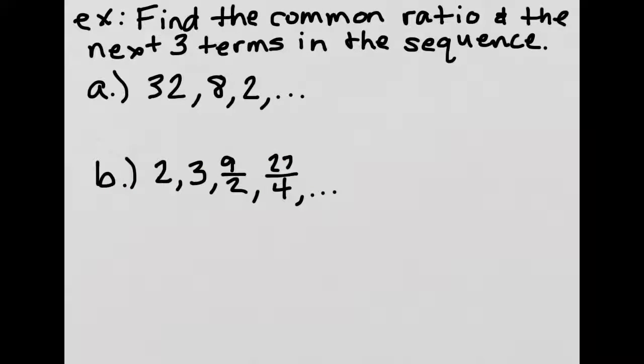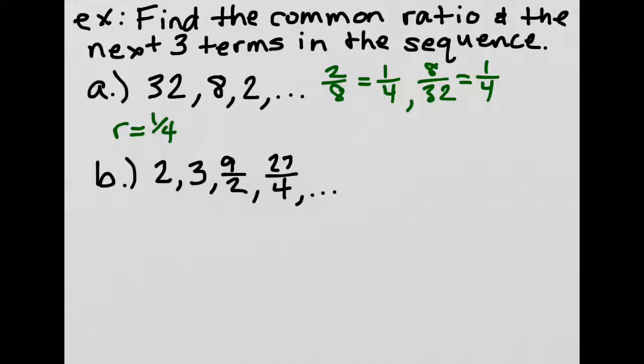In this next example, we know that the sequences are geometric because it says to find a common ratio, and we also want to find the next three terms in the sequence. So we are going to take the last number and divide it by the second to last number to figure out what our common ratio is. So we will do 2 divided by 8, and that reduces to 1/4. If we do 8 divided by 32, that also reduces to 1/4. So our common ratio is 1/4.